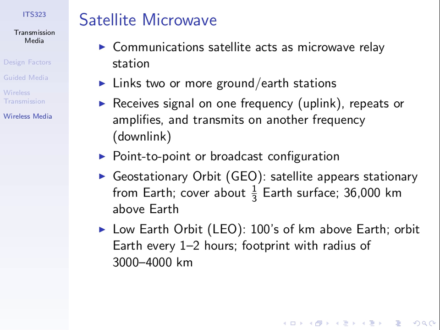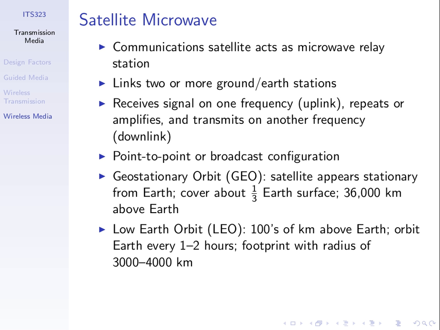So that's a geostationary orbit satellite. As a result, if you imagine the satellite is up high, when it transmits down, it covers about 1/3 of the surface of the Earth. When it transmits down, we'll see some pictures in a moment of a footprint.